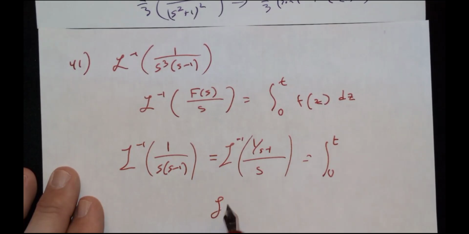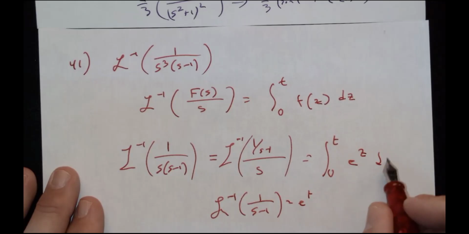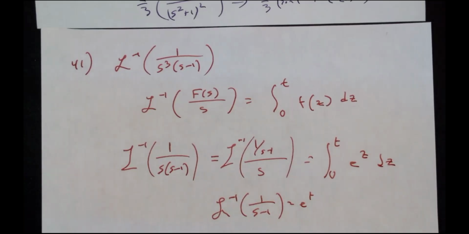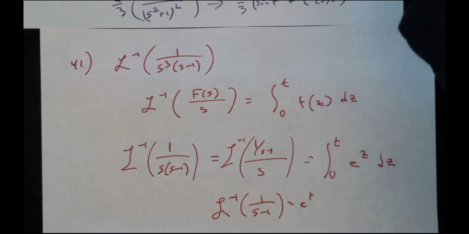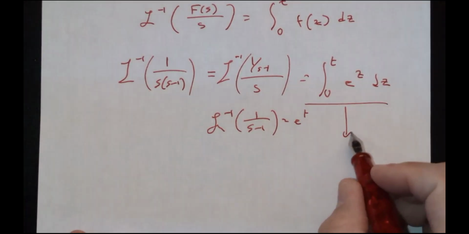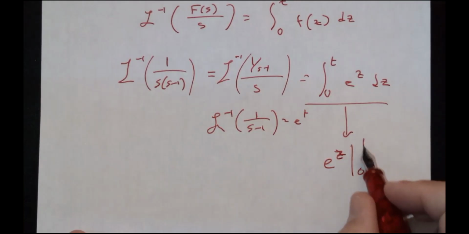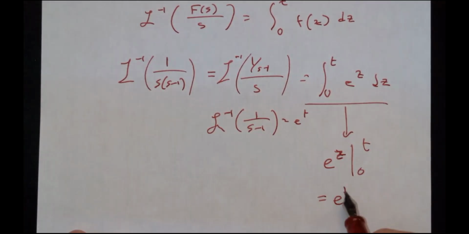What's the function that is the inverse transform of 1 over s minus 1? So I need you to do that integral. But here's the advantage. That's an easy integral, isn't it? The integral is e to the z evaluated from 0 to t, which is e to the t minus 1.